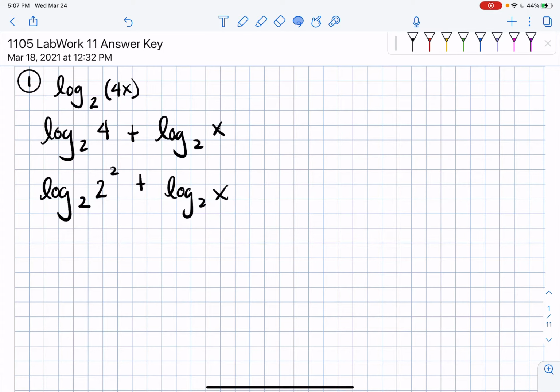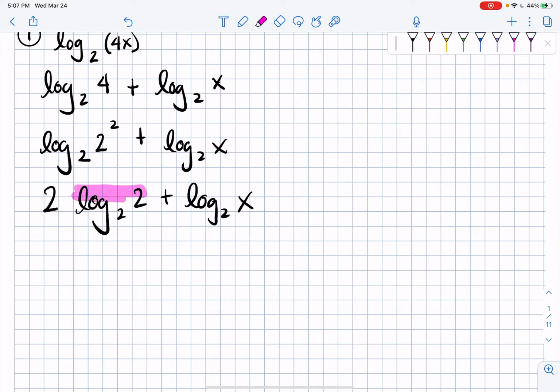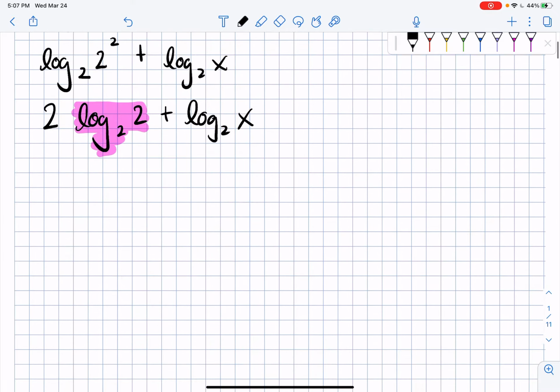With that being said, let me do the power rule. So I'm going to have 2 log base 2 of 2 plus log base 2 of x. Then what I do know is that the log base 2 of 2 right there is actually equal to 1.